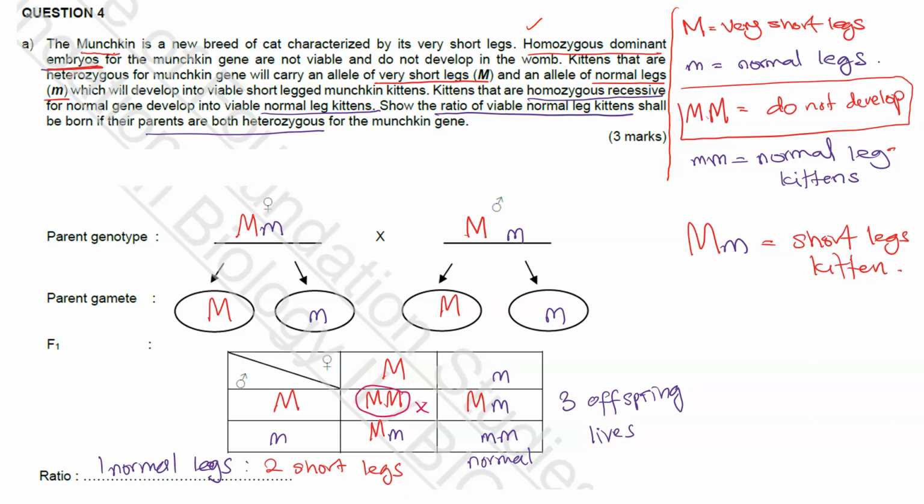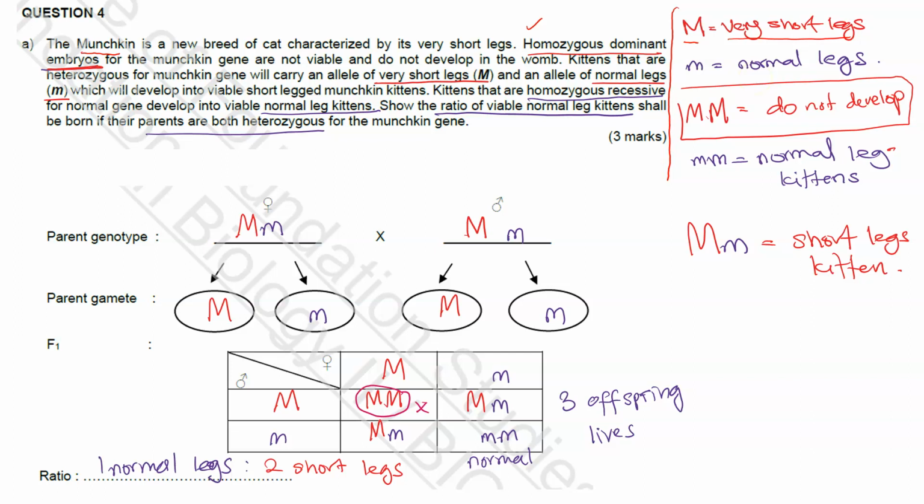Okay, so the information given in this question says that the dominant M allele will express cat with very short legs, and the recessive m allele will express the normal legs for the cat.